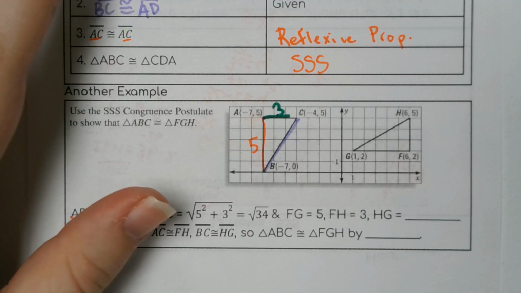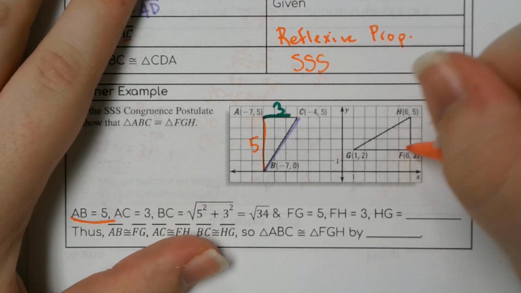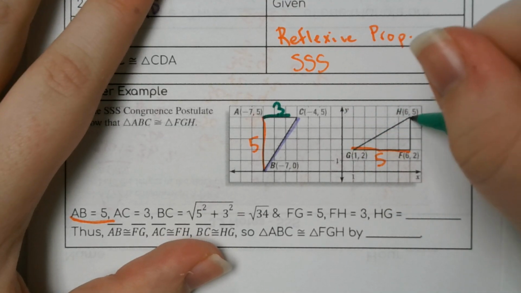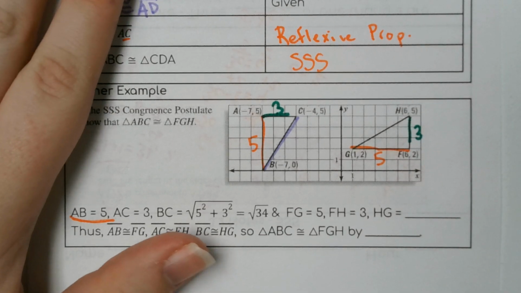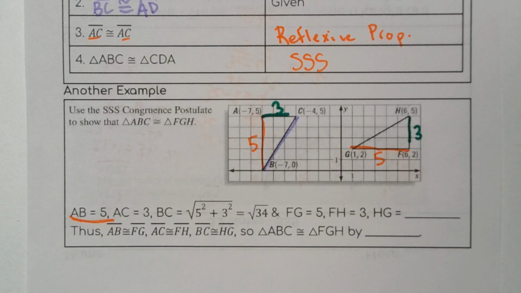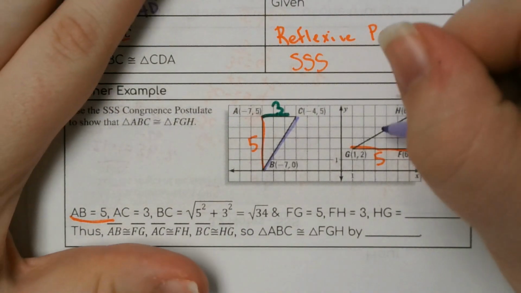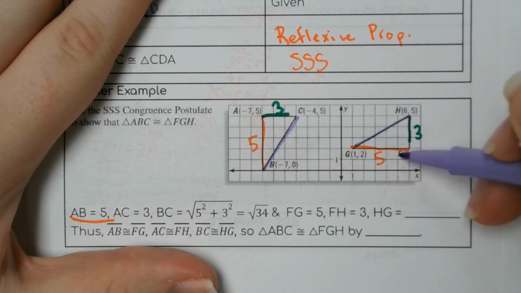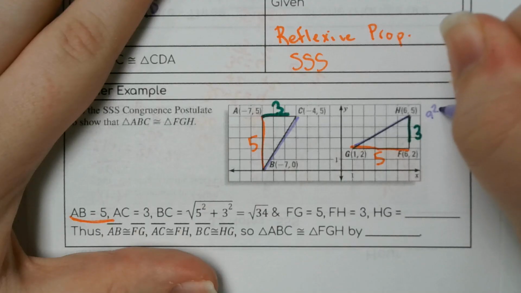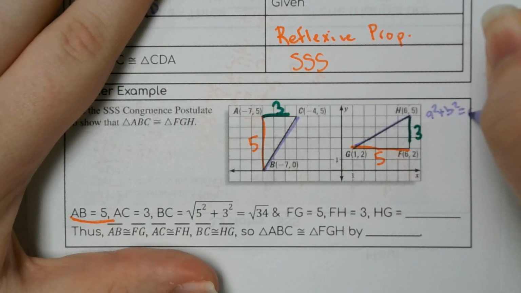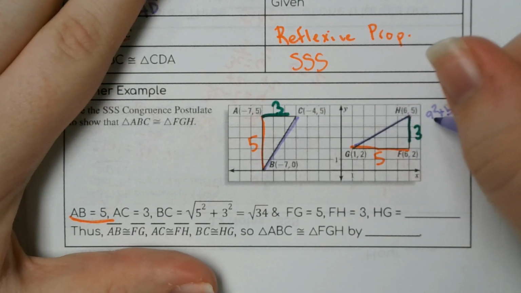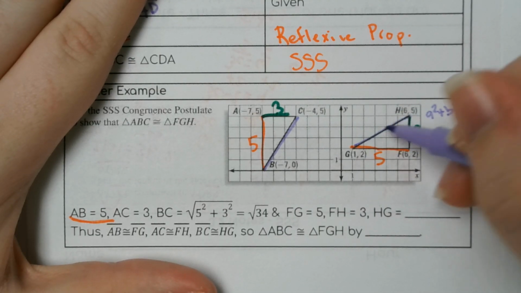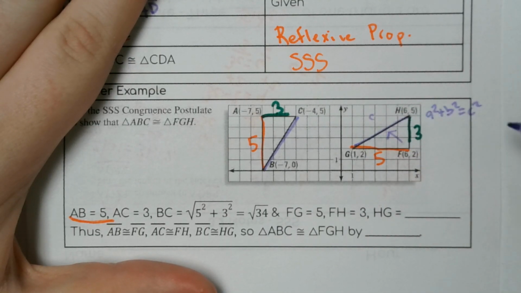So if we did this on the other side, we have FG is 5 units. FH is 3 units. And we have to find HG. So we do the same process. Our Pythagorean theorem is A squared plus B squared equals C squared, right? So my A and B, it doesn't matter as long as this is my C value.